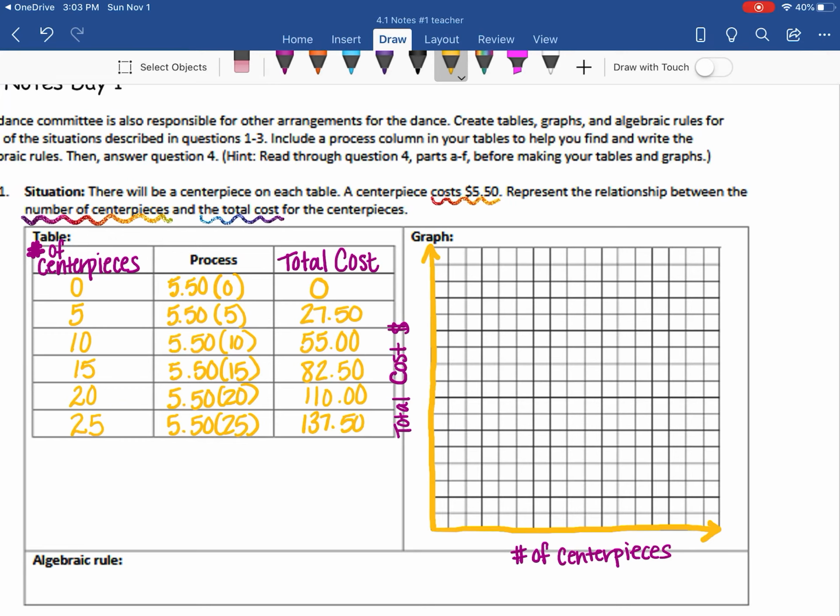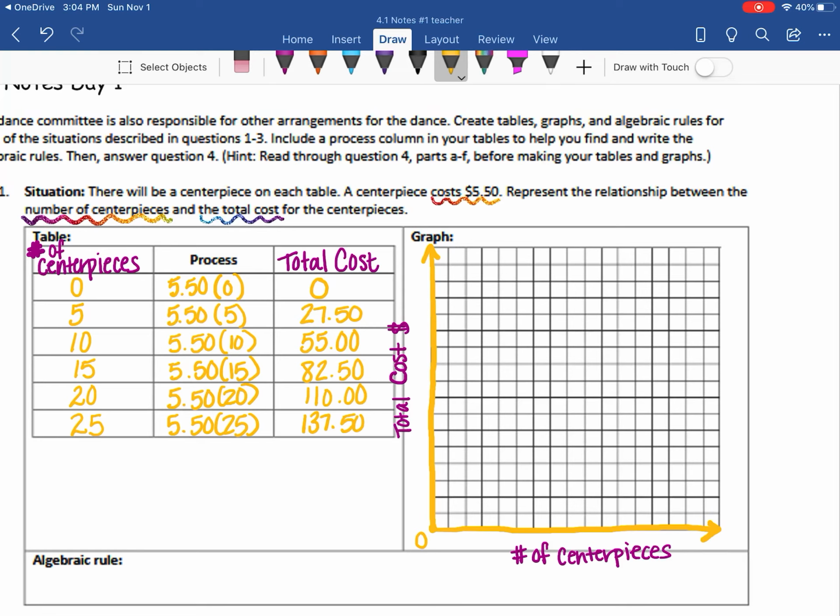Okay, and before I get started labeling my scale on my axes, something worth mentioning is that when we're down here at the corner, that's always 0. So I'm looking at my table here, and I know I go up to 25, but I don't have 25 tick marks here. And I do want to give a nice spread out picture on my graph.